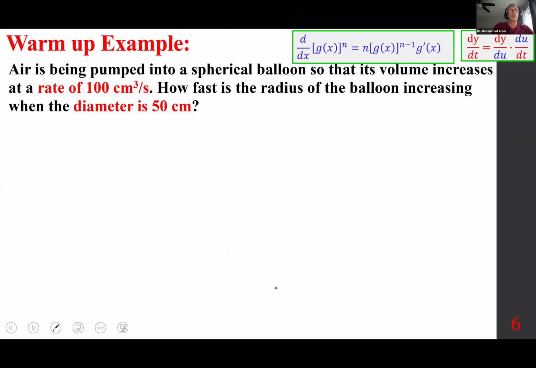So as a warm-up example, air is being pumped into a spherical balloon so that its volume increases at a rate of 100 cubic centimeters per second. How fast is the radius of the balloon increasing when the diameter is 50 centimeters? So it's important to understand what is given.